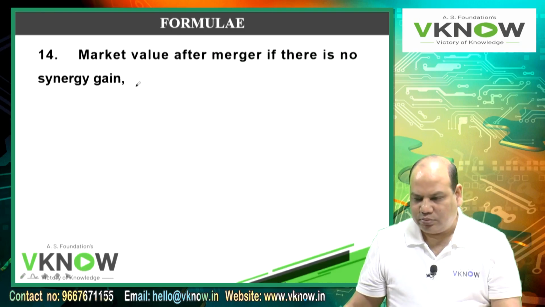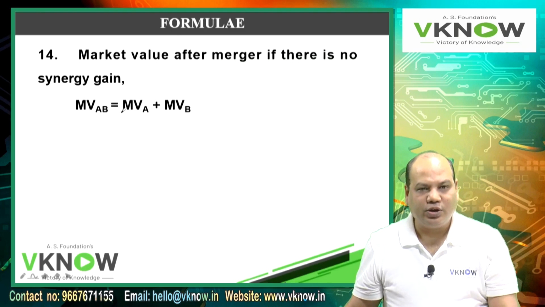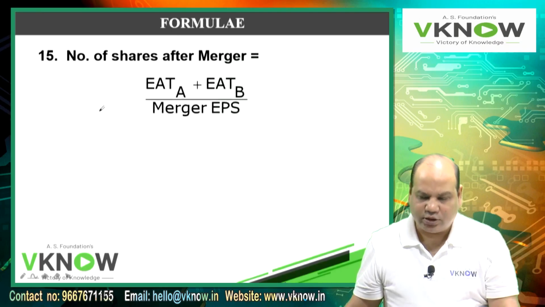Next point, market value after merger if there is no synergy gain. If there is no synergy gain, the post-merger market capitalization is market capitalization of A plus market capitalization of B, divided by the number of shares after merger.